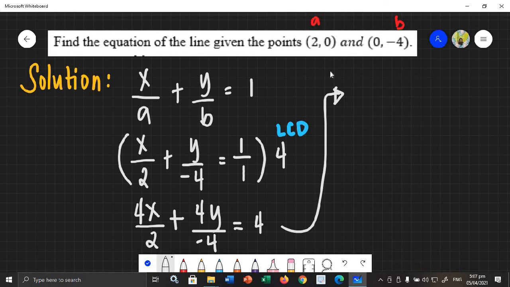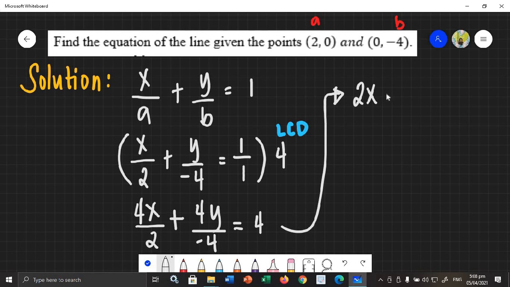Then, continuing the solution here, simplify natin yung each term dito sa equation natin. Okay? So, 4x over 2 can be simplified. Pwede natin i-divide si 4 kay 2. So, the answer is 2. Then, copy the variable x. And then here, we have 4y over negative 4. Pwede natin i-divide si 4 kay negative 4. The answer is negative 1.